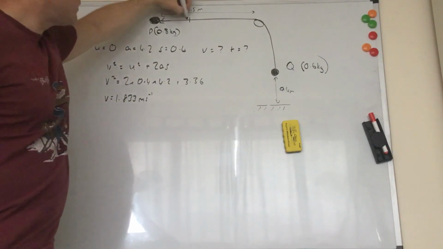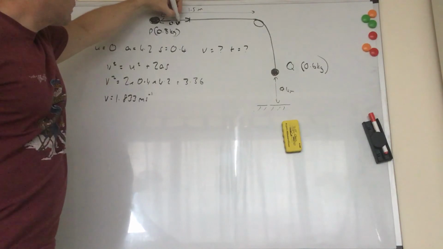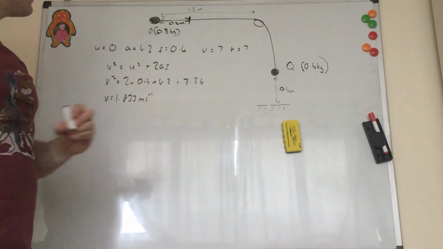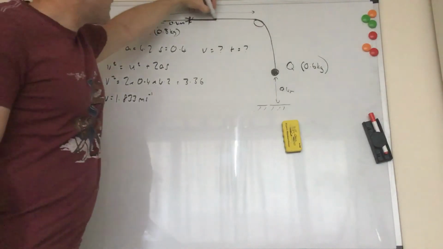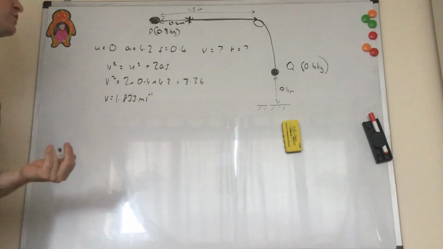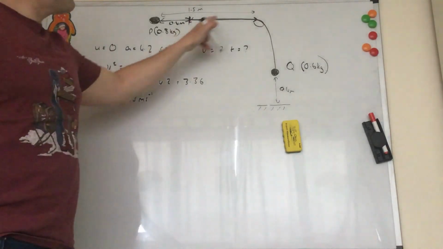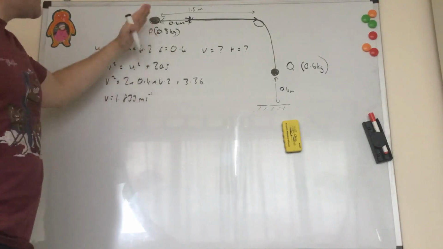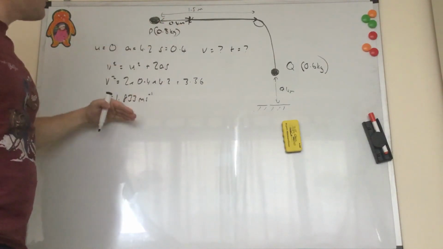So that's how fast it's going after 0.4 meters. When it gets to here, it's moving at 1.833 meters per second. It then carries on at that same speed. There's nothing slowing it down, nothing causing it to speed up, for the next 1.1 meters. So how long does it take to get from there to there? Well, we're still in this SUVAT part.